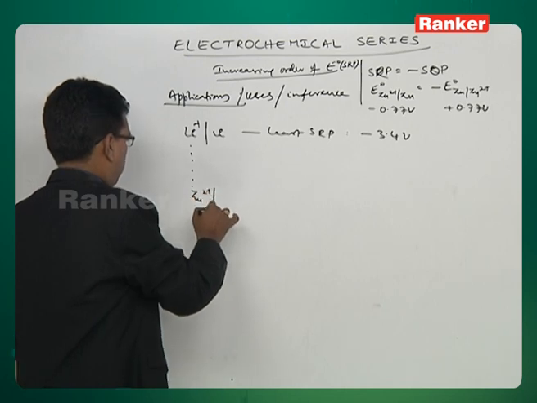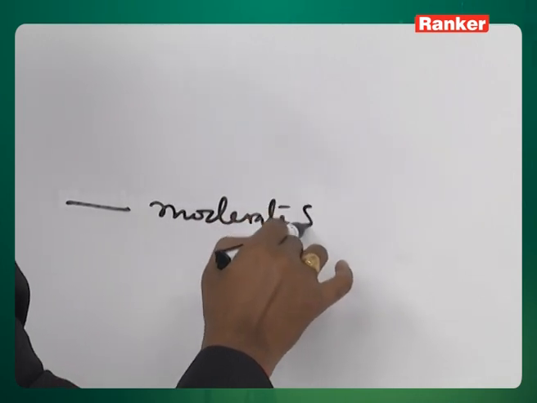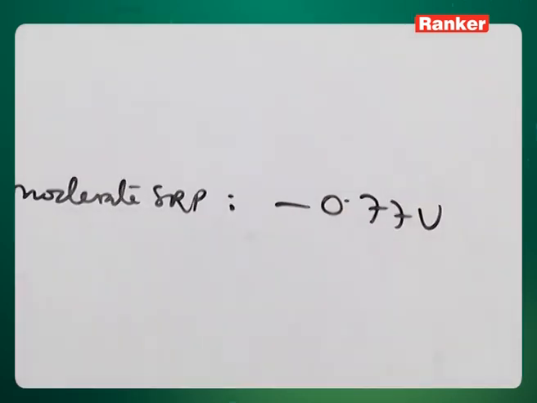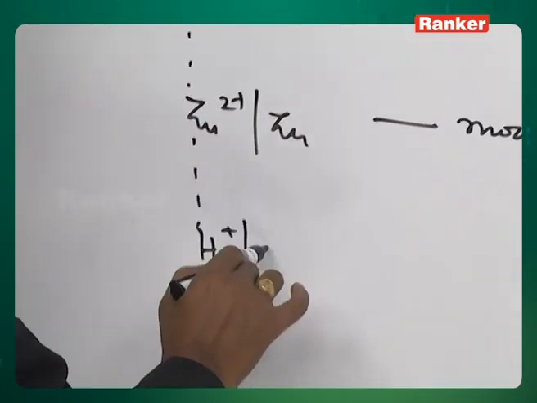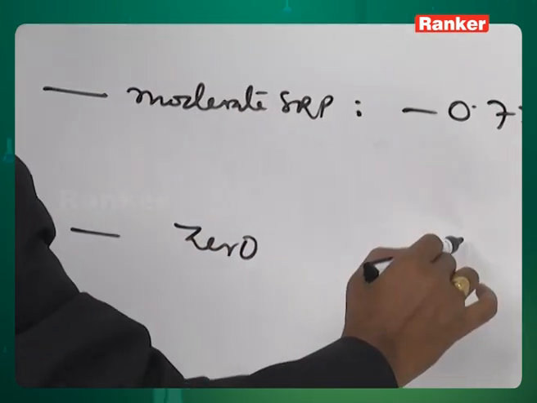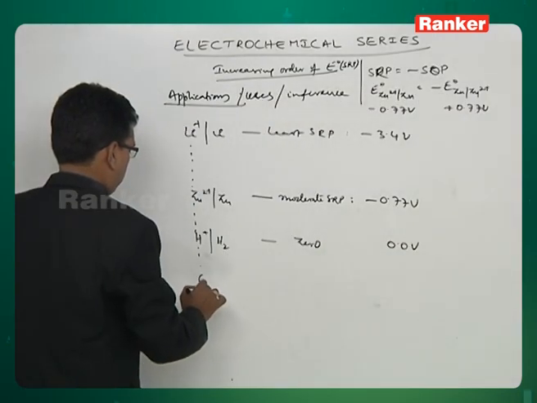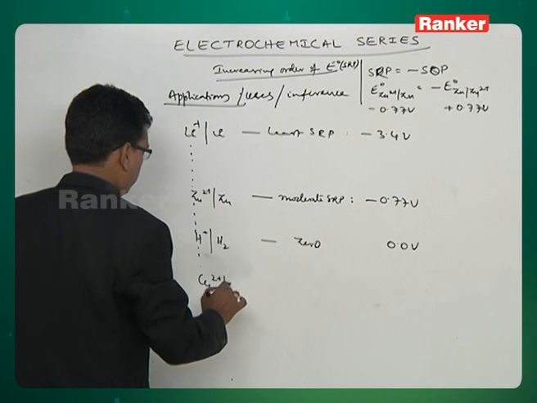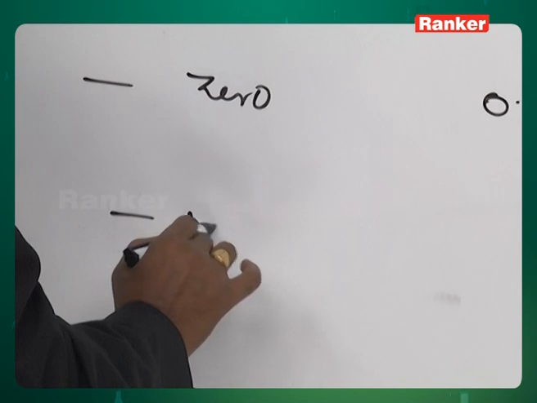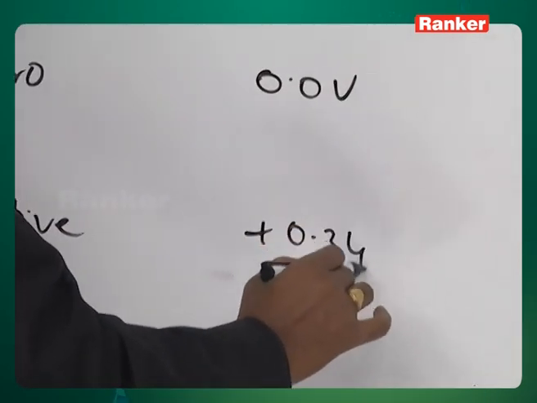Zinc with moderate SRP of minus 0.77, followed by hydrogen, which has 0 SRP. Then copper having positive, that is plus 0.34 volts.